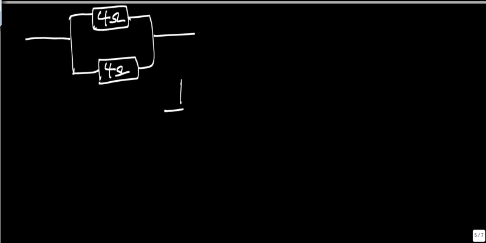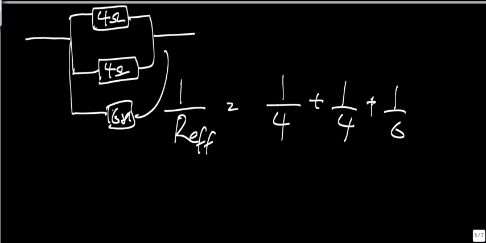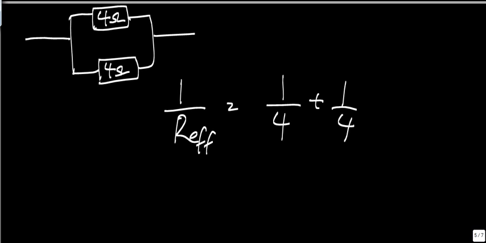So the effective resistance for this one, because these are two in parallel, will be found by 1 over R effective is equal to 1 over R1, which is 1 over 4 here, plus 1 over 4. No matter how many there are, if there is one more, let's say this is 6 ohm, it will be plus 1 over 6. But since we are going to just keep it easy, I'll just take it for 2.